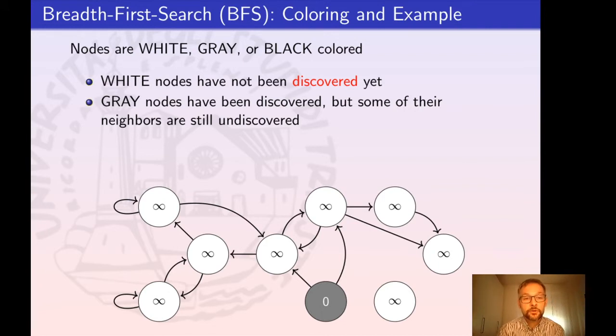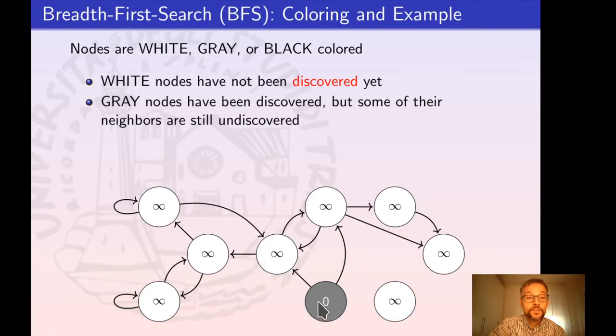Because despite having been discovered, it has neighbors, nodes reachable by crossing just one edge, that have not been discovered yet.